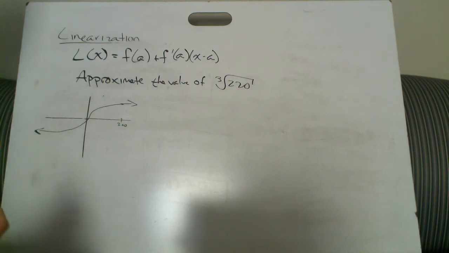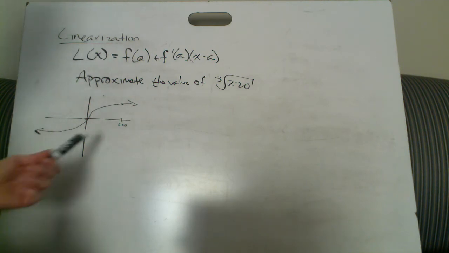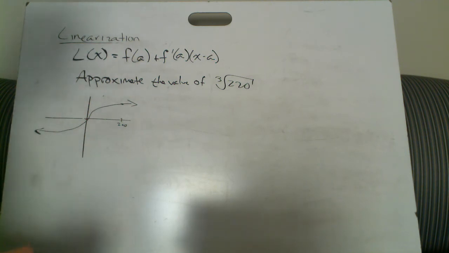Now the first goal, again, is to find a nice nearby value where we definitely know the cube root of it. In this case, you may recall that 216 is equal to 6 cubed. 216 is pretty close to 220, so that'll be our best a value.